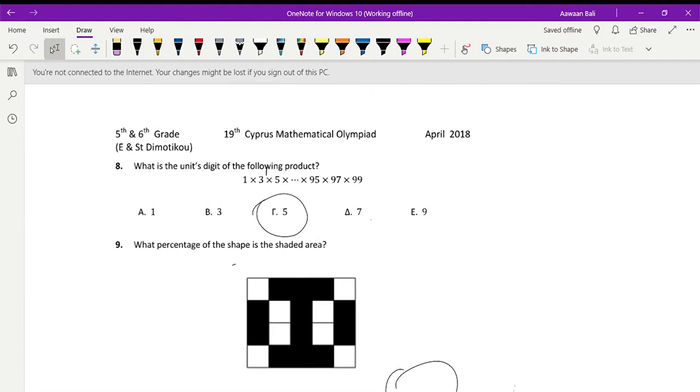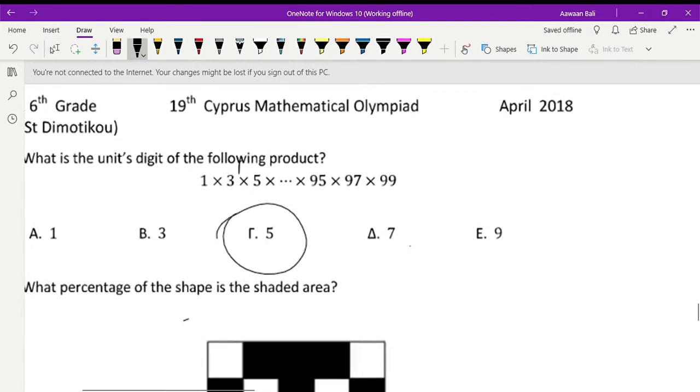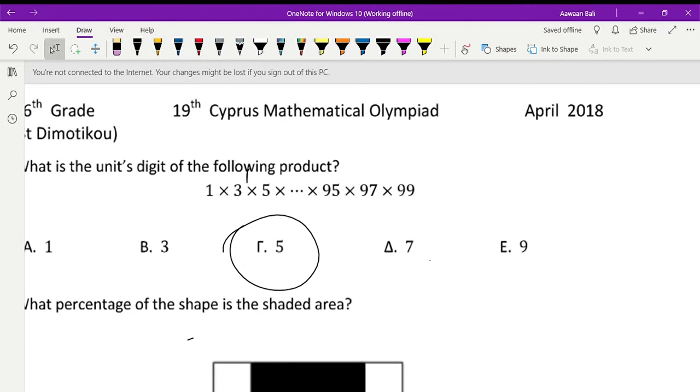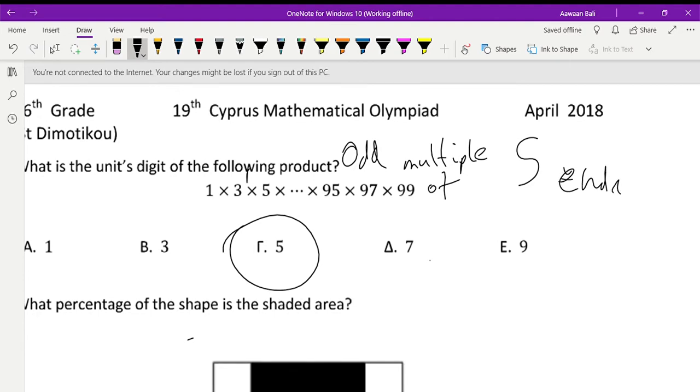What is the units digit of the following product? Now we're multiplying all the odd numbers together, so when we do this, we have 1 times 3 times 5, 15. So once we end in 5, every odd multiple of 5 ends in 5.